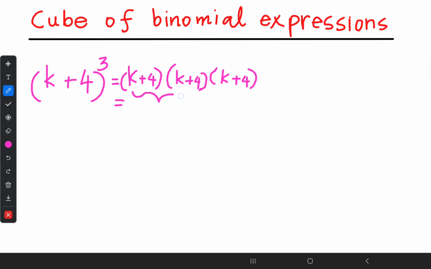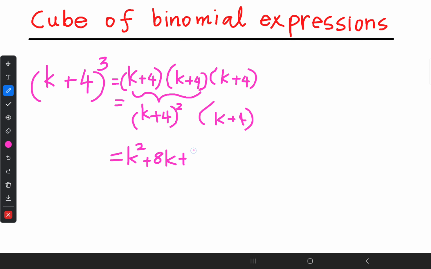I can consider both of them as k plus 4 whole square times k plus 4. So k plus 4 whole square, what would it be? It would be k square plus 2 times 4 times k, 8k, plus 4 square, which is 16.